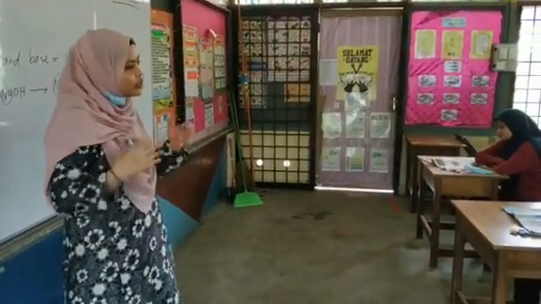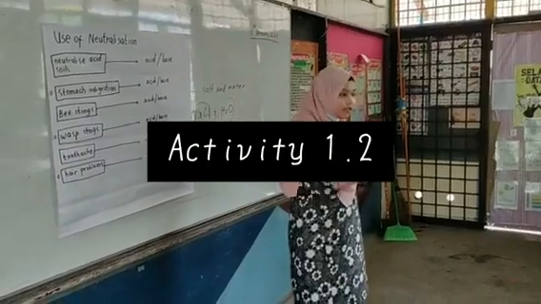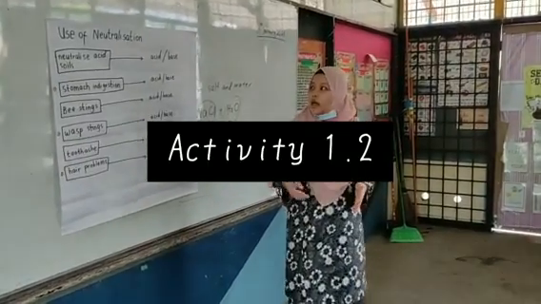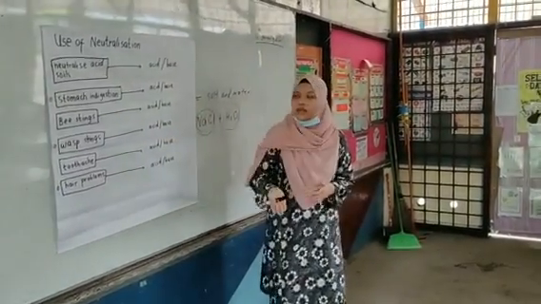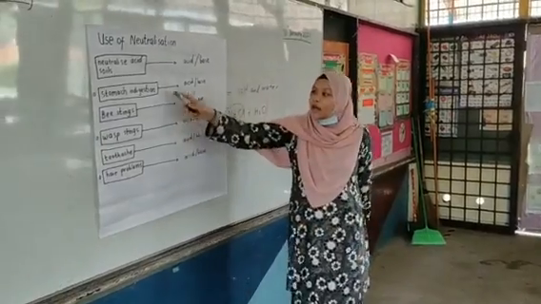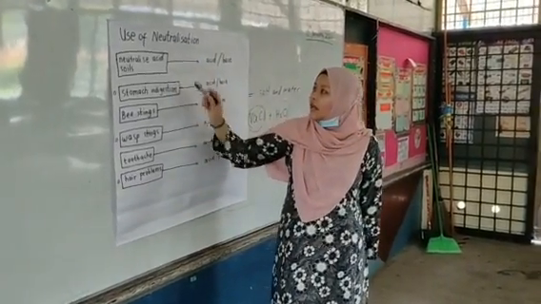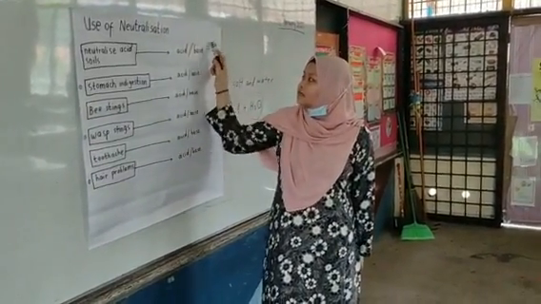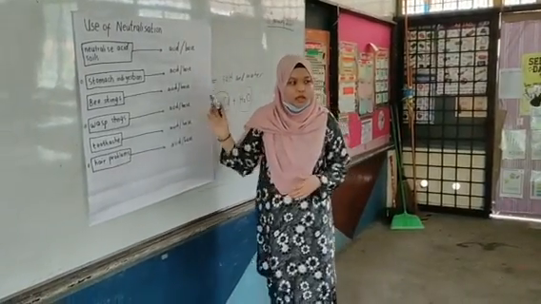We will go to our next activity about neutralization. Next activity will be we will find the use of neutralization in our daily life. Identify the cause and the problem solving.